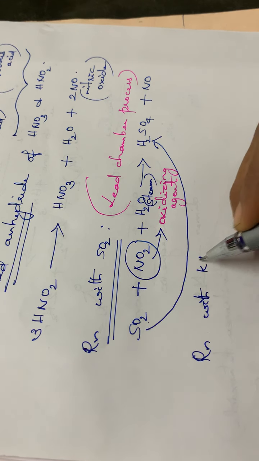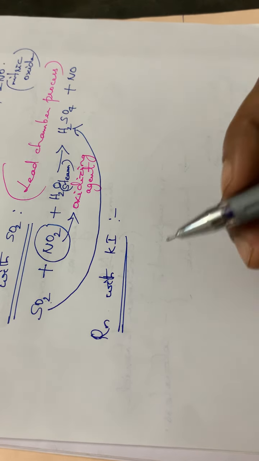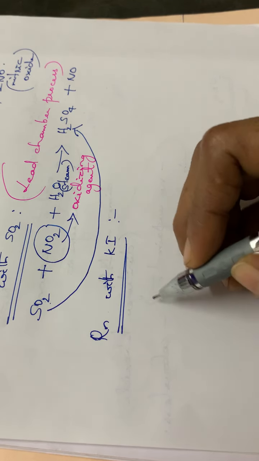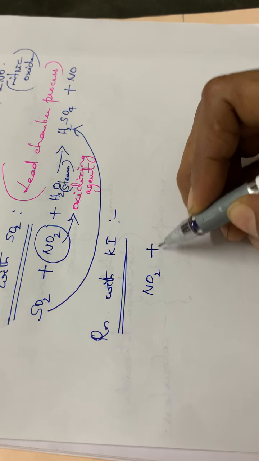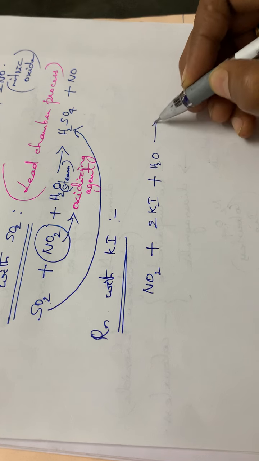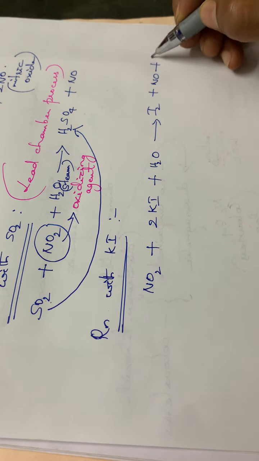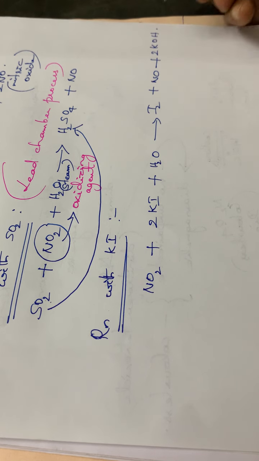Okay. Then the next reaction with potassium iodide, KI. See here, NO2 on reaction with potassium iodide plus water gives I2 plus NO plus 2 molecules of KOH.